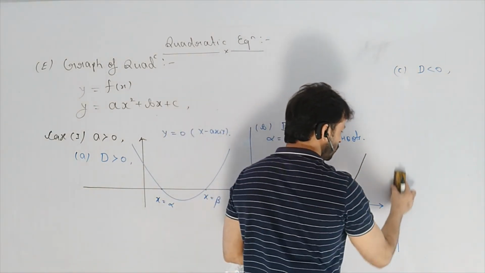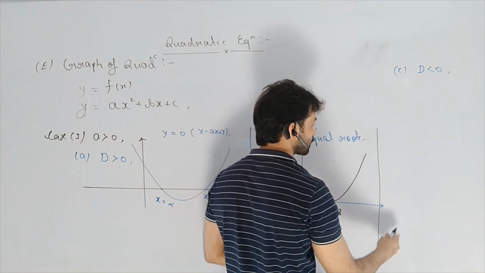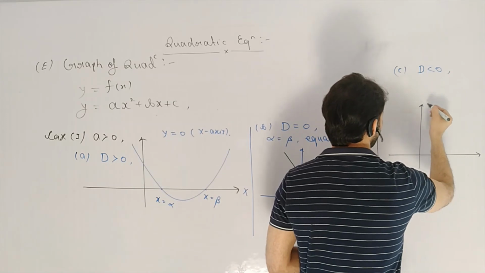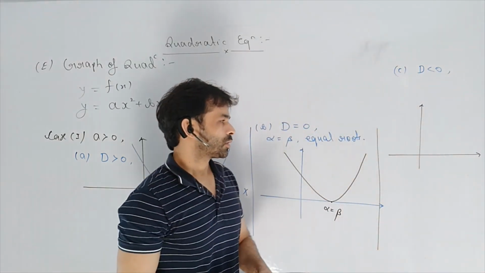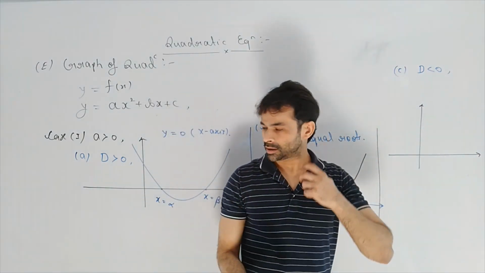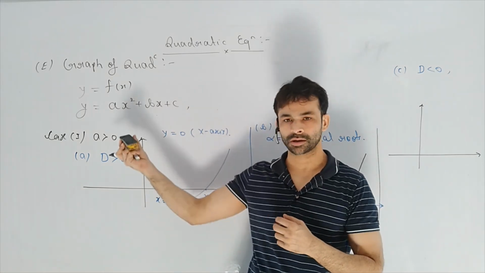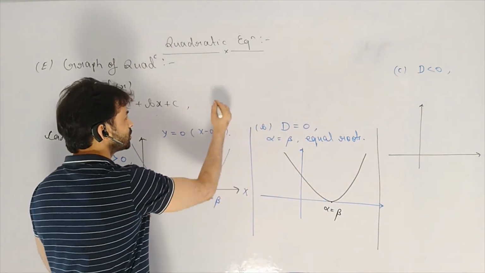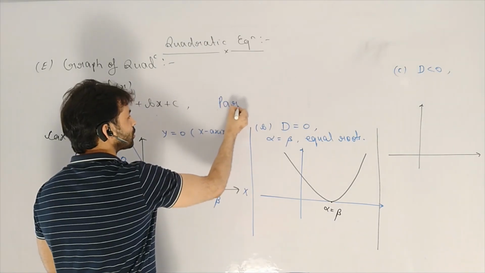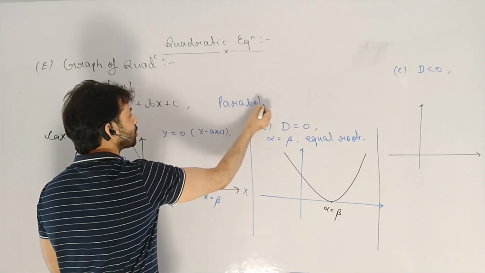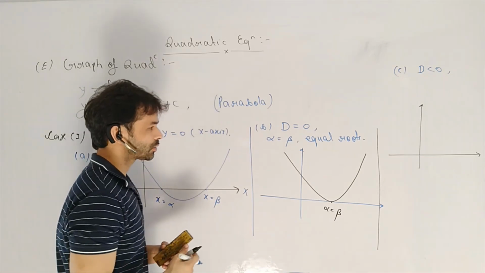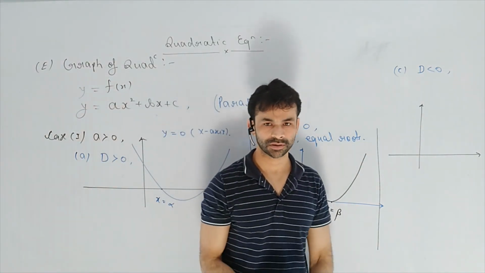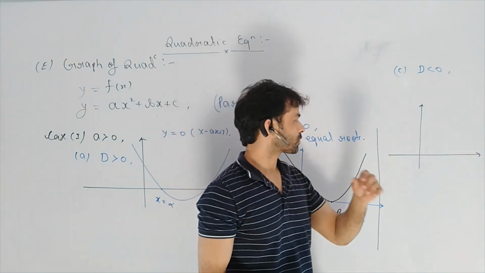So how will the graph be? This graph curve like this is called a parabola, the parabolic curve. Just for your understanding, I am using the term.